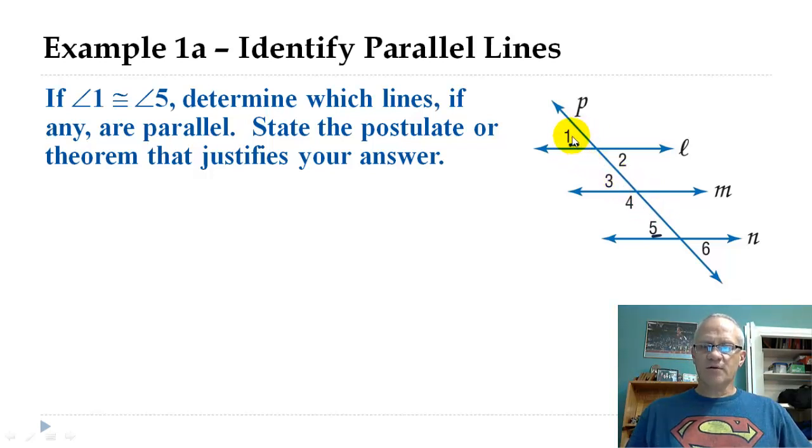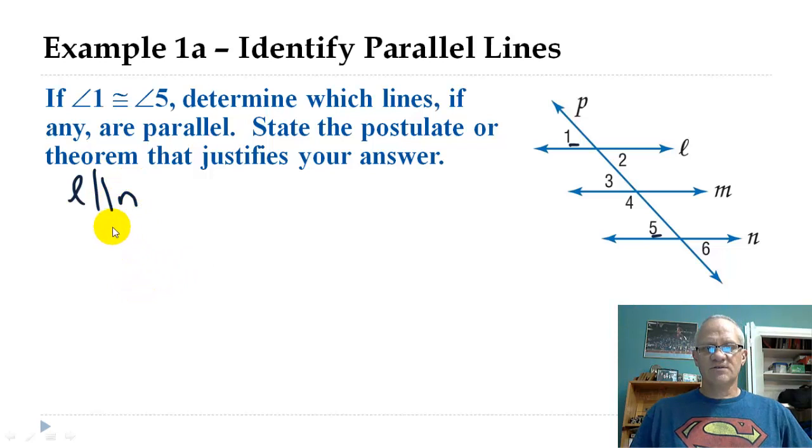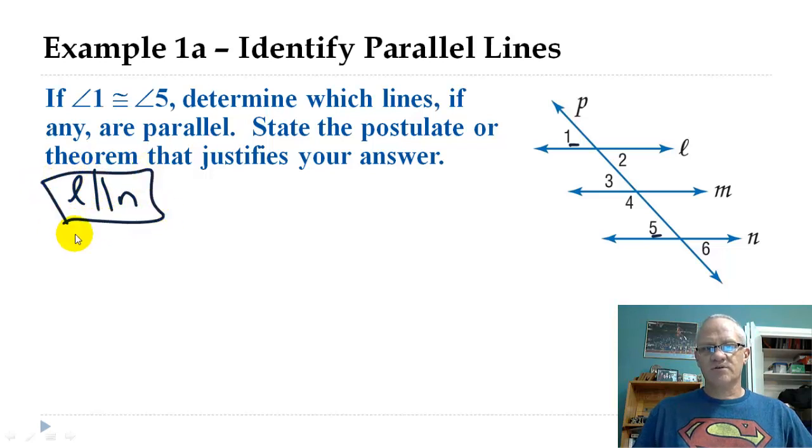Angle 1 is made up partially of line P, but also partially of line L. And angle 5 is made up of P, but also N. And so you notice the two lines that made up both of these angles, L and N, those are the lines that are going to be parallel. So over here we could say L is parallel to N. This is the symbol for parallel, two lines straight up and down, so that would be line L is parallel to line N.